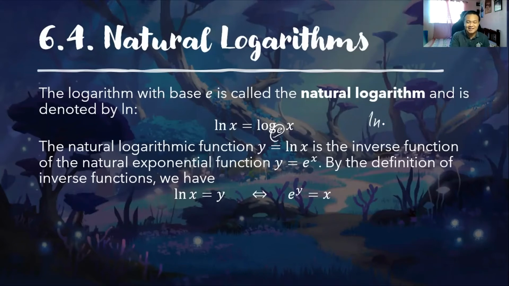Same lang, it is the inverse, no? If you raise E to an exponent, then mo na siya answer. Hidden na ang base, pero di na siya ginasulat because it's understood that the base is E. It is 2.71 approximately. Okay?